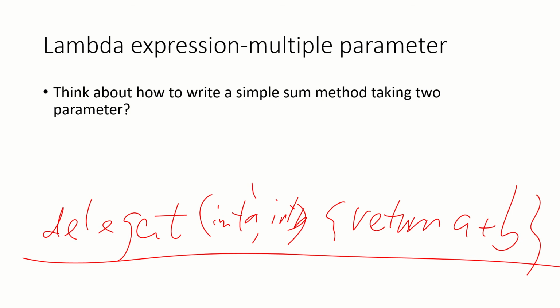But if we're trying to make it a lambda expression, how can we do that? So basically, we need to change this delegate, right? As we said, when we change the delegate, we can delete the delegate, delete the parentheses, delete the return, right?